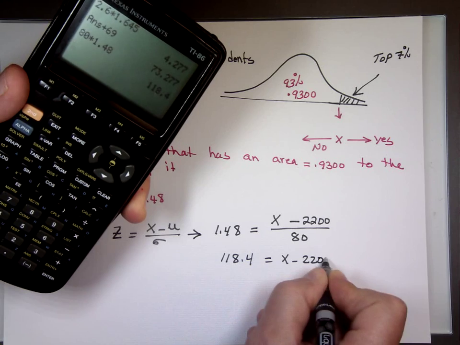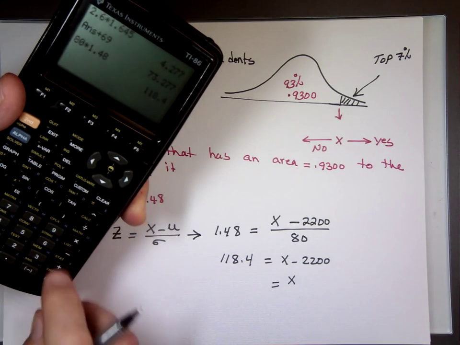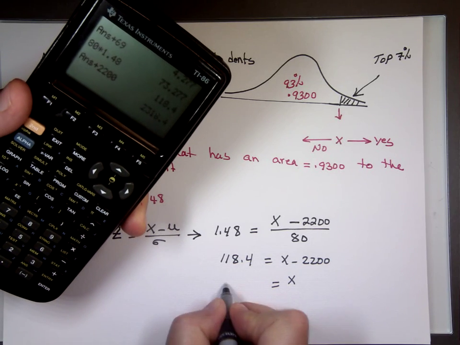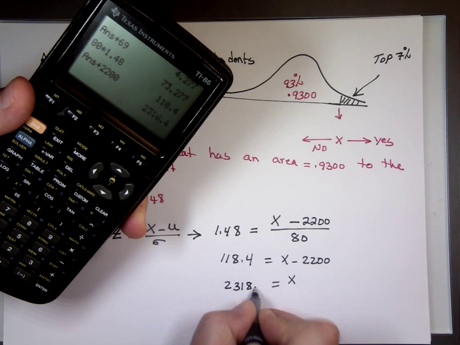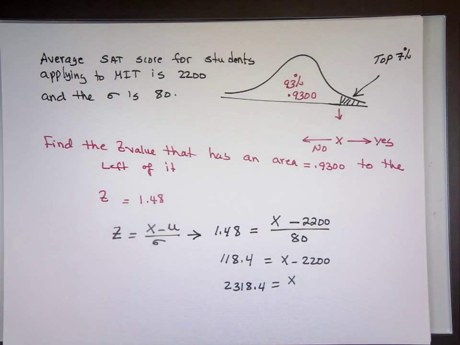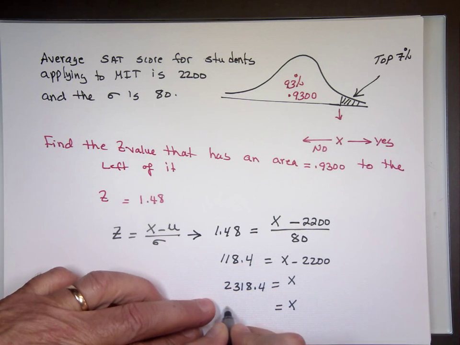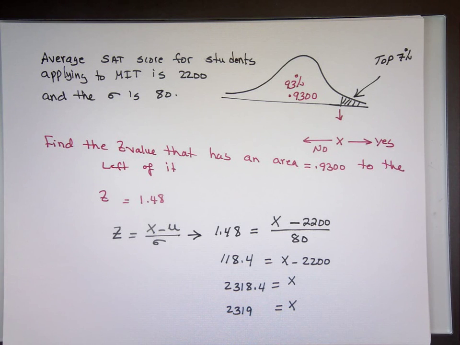We add 2,200 to both sides. It's 2318.4. Since there is no 0.4 score, the minimum score you're going to need to get to MIT is 2319. You have to have an SAT score of higher than 2319 to get to MIT.